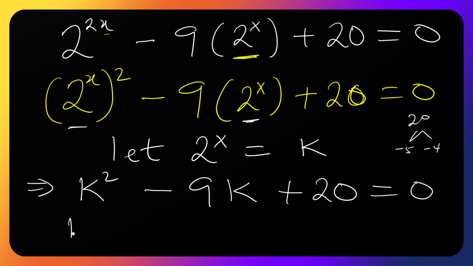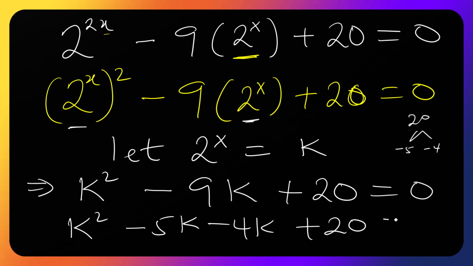So I have k squared. In place of this, I'll put this one there: minus 5k minus 4k plus 20 equals 0. All right, so we can separate them or group them. I can factorize k from the first pair.